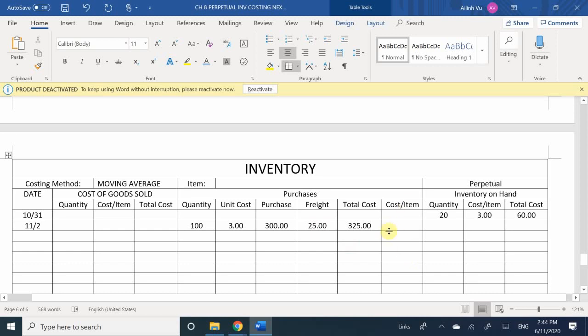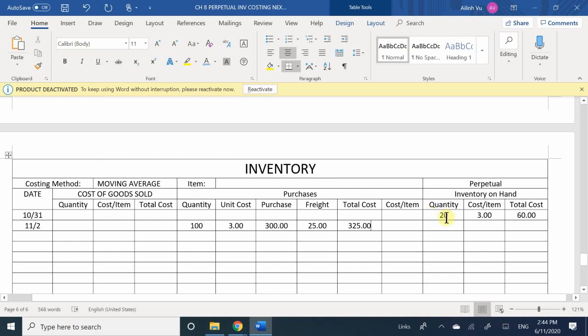Now David, we are doing moving average. Do we need to calculate that? No, because we're doing moving average. Okay, so what are we going to be solving for now?